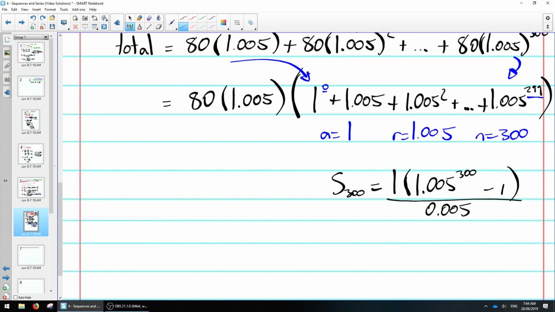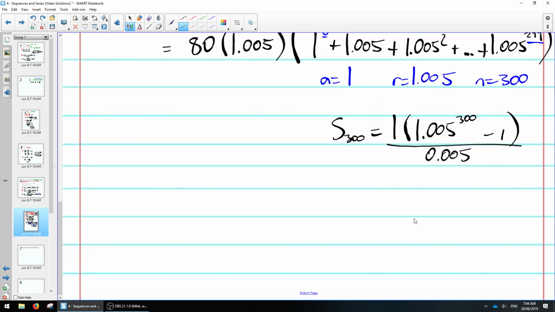And when you get that, you get that equals 692.9939. And then remember, we want to store that as A. We don't want to do any rounding yet. Let's just store that as A in our calculator.